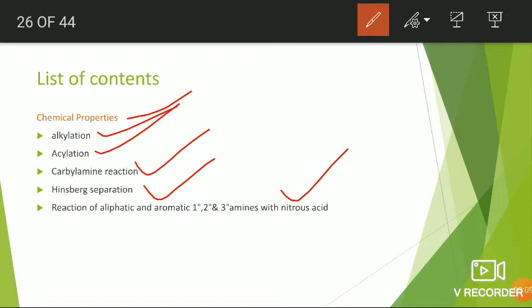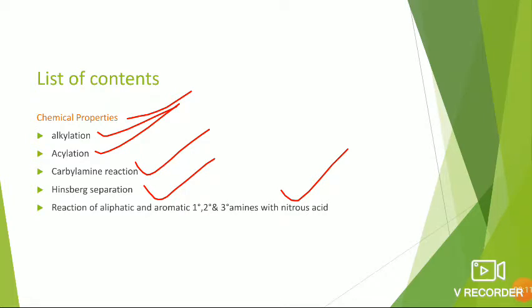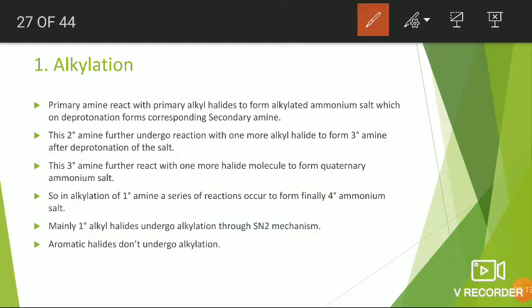Okay, fine. Next, the first chemical property or chemical reaction of amines is alkylation. Alkylation is nothing but substitution of one or more alkyl groups on a reactant molecule.